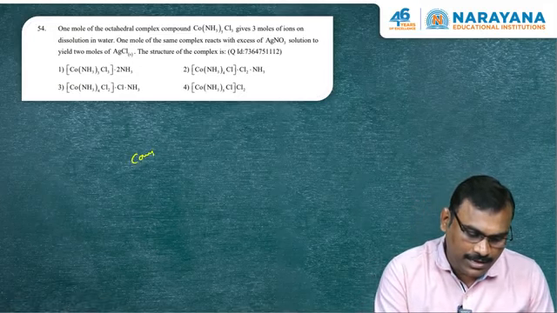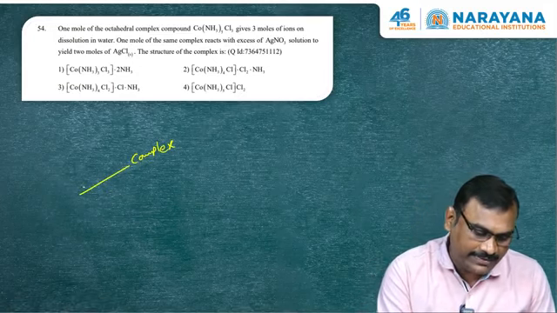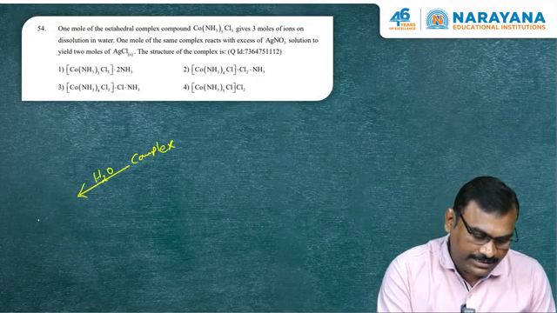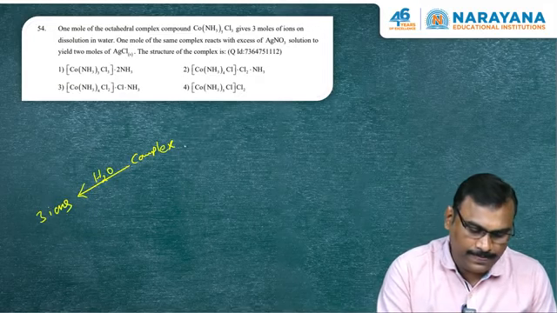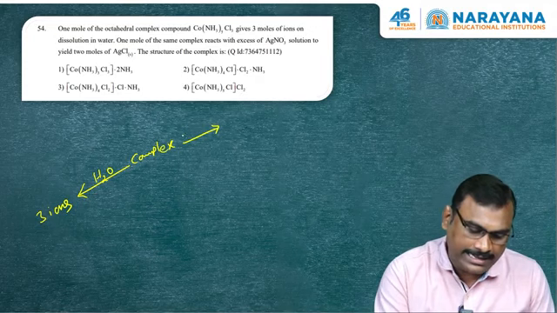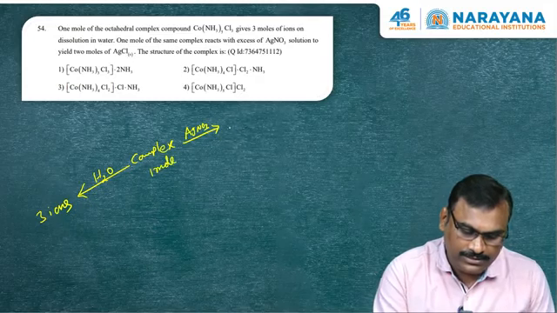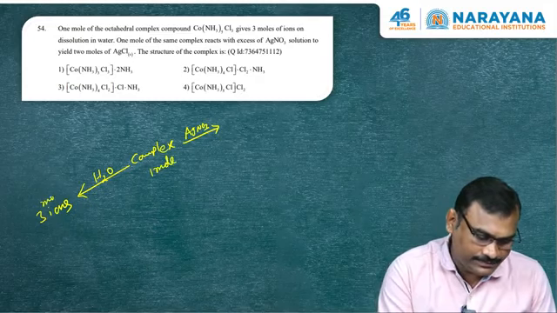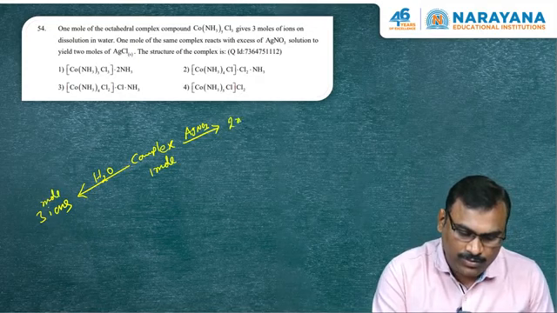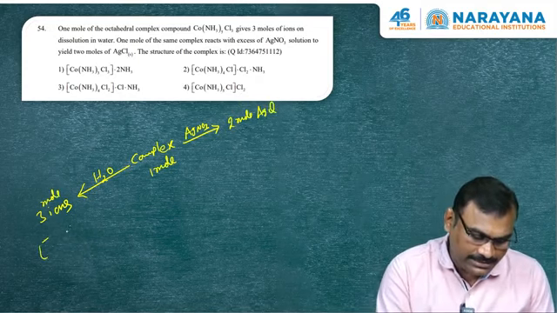That is, the complex when dissolved in water gives 3 ions, and on reaction with AgNO3, 1 mole of the complex gives 2 moles of AgCl.